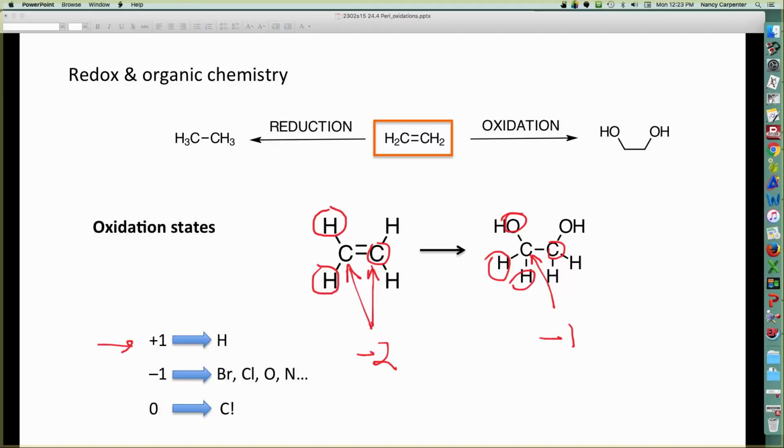And I know I'm going through this pretty quickly, so you might want to confirm this on your own. But basically what we're looking at is going from two carbons at oxidation state -2 to two carbons at oxidation state -1. That clearly is an increase in the oxidation state, and hence we know we're undergoing an oxidation.